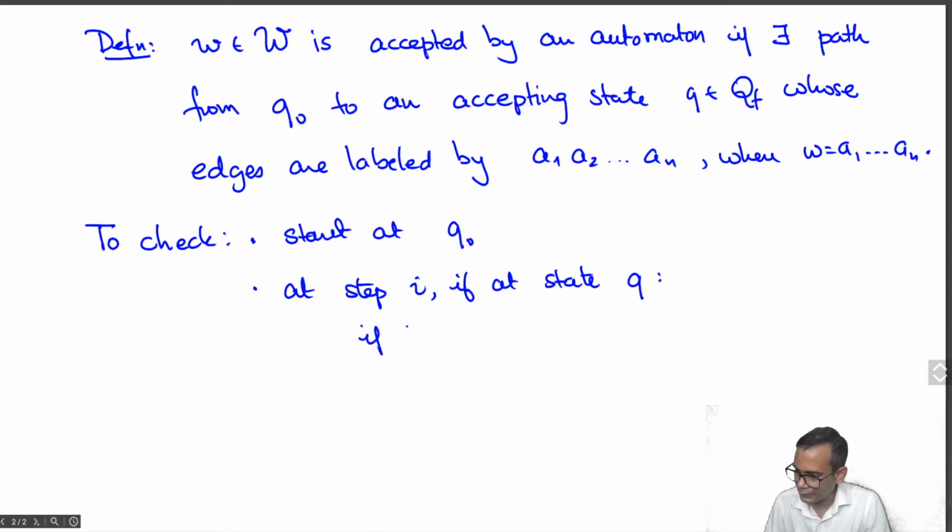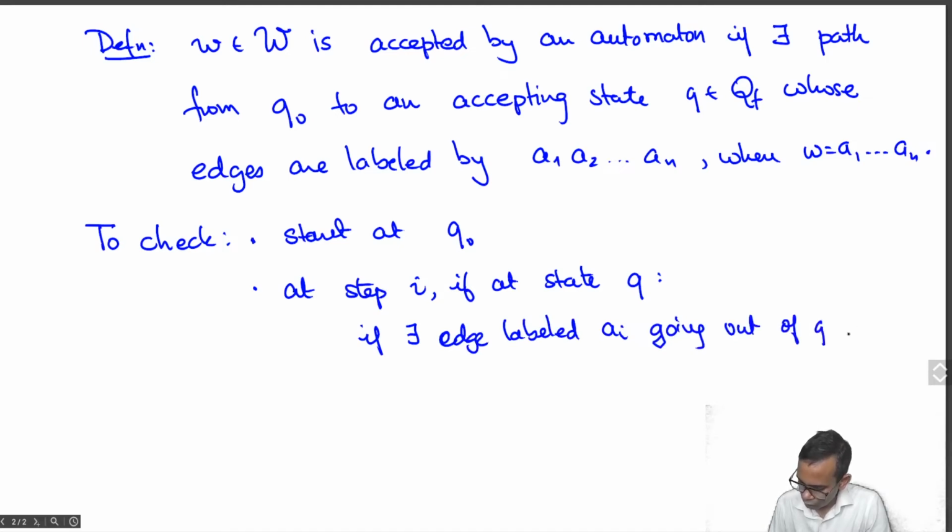If there is an out edge labeled ai going out of Q, so let's say it is Q and then ai goes to a state Q prime, then move to Q prime. So we'll say change state to Q prime.